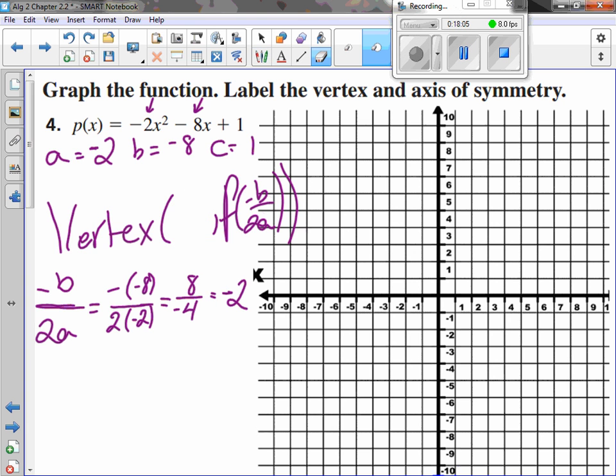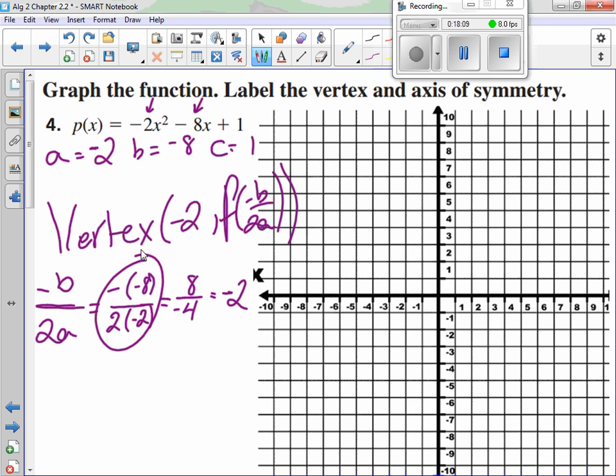And again, you can plug this into the calculator. Really, you could have plugged this in with the fraction, negative 8 over 2 times negative 2, in the calculator, and it will have simplified it to negative 2. Any questions on this here?